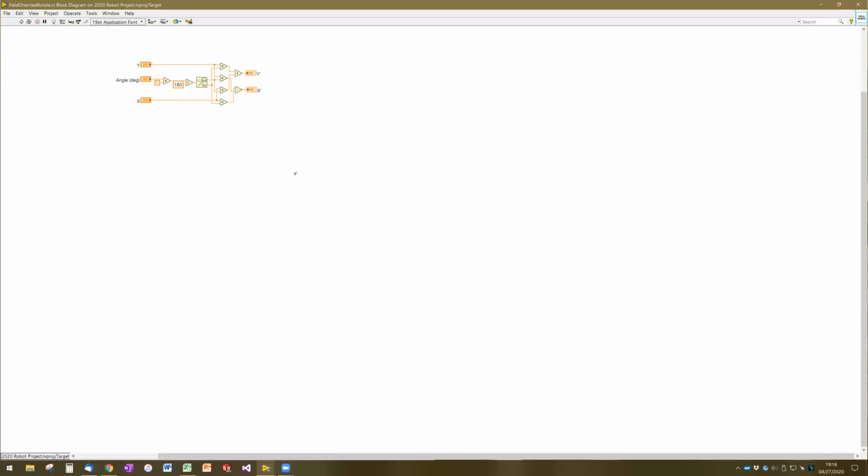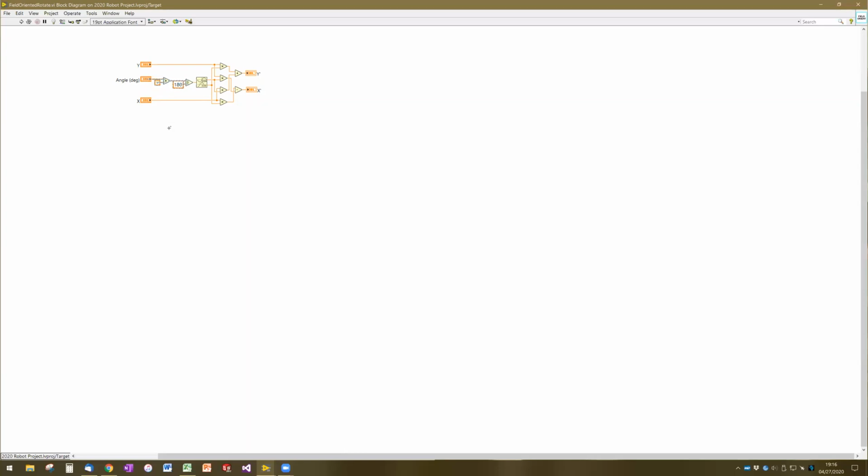So this exact piece of code's traveled a little bit. All we're doing at the very beginning is converting from degrees into radians. And then we're calculating the sine and the cosine of the robot's current angle. Essentially, all we're doing is multiplying the X and the Y positions by either the sine or the cosine, and then doing some subtractions and additions.